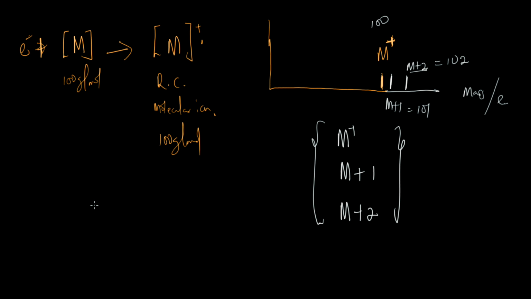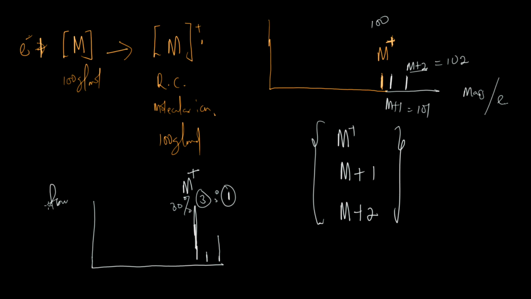One way to identify that the spectrum contains chlorine is that if the M plus, the radical cation or molecular ion, is at this abundance, then the M plus 2 will be about a third of it. If this one is like 30%, this one will be like 10%. So this is the ratio.